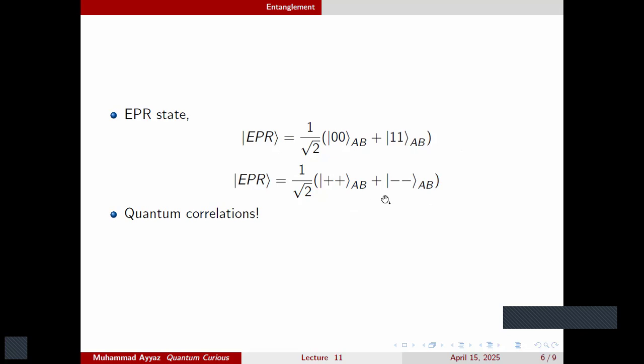So this state shows the behavior of correlation much stronger than the classical correlations, and we will see in a moment with the help of an example.